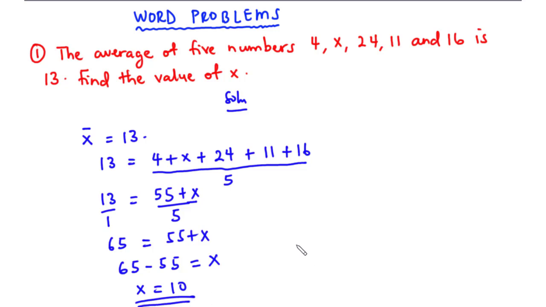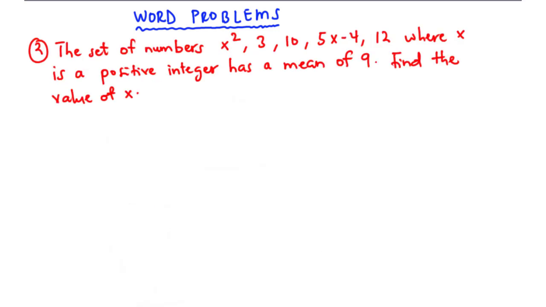Now let's try the second question together. The set of numbers x squared, 3, 10, 5x minus 4, and 12, where x is a positive integer, has a mean of 9. Now we are going to find the value of x.